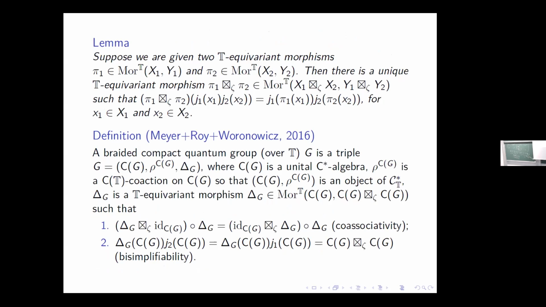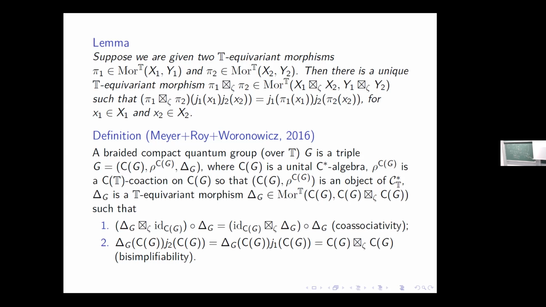So there is indeed a tensor product of them, which goes from the braided tensor product of x1 with x2 to the braided tensor product of y1 with y2, which is defined like it should be. So j1 x1, j2 x2 is the simple tensor x1 box x2, and you apply pi1 box pi2, and you should get pi1 of x1 box pi2 of x2, which is indeed the case.